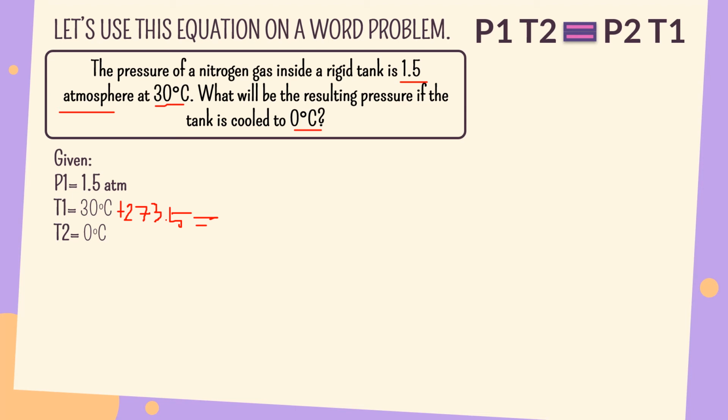So 30 plus 273.5, we will have 303.5 as the Kelvin equivalent for 30 degrees Celsius. For 0 degrees Celsius, add 273.5 and we will have 273.5 Kelvin. Now let's identify the unknown quantity.